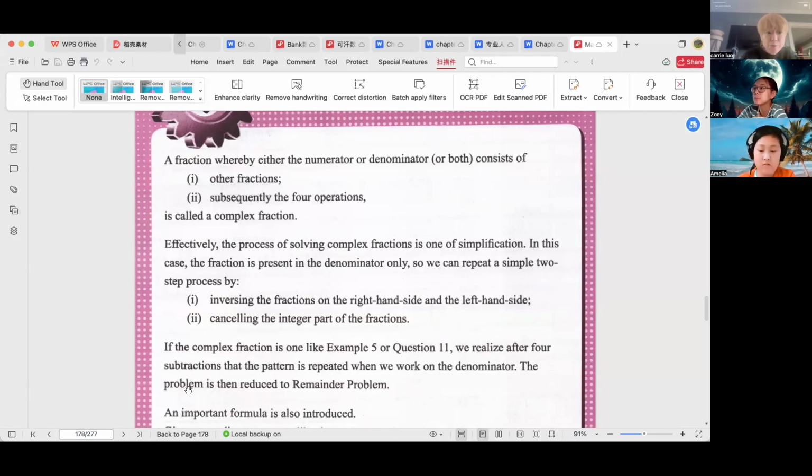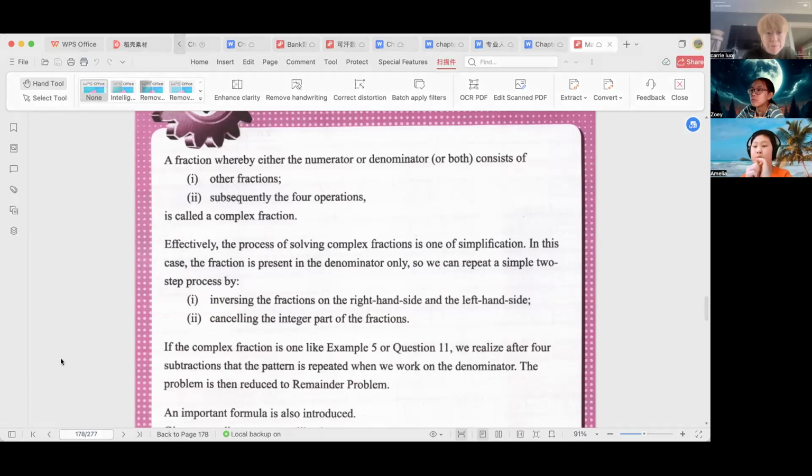So a simple fraction will be like 1 over 3. If you have 1 over 1 plus 1 over 3, that would be called a complex fraction, because the numerator and denominator both have another fraction, or have the four operations.